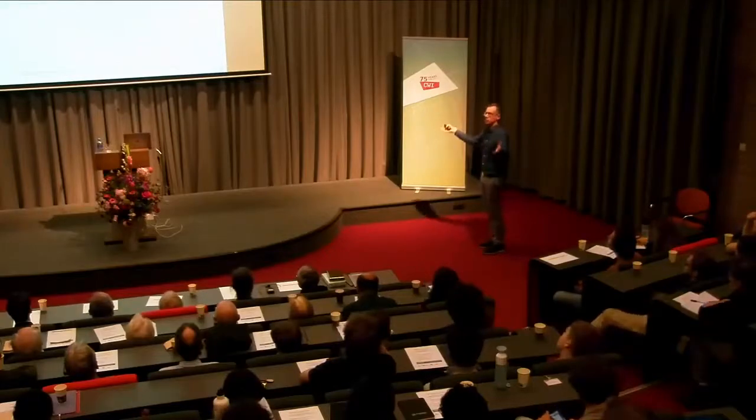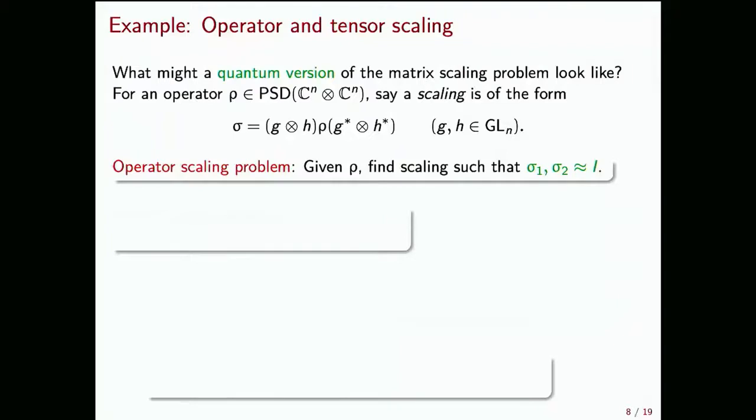Well, a matrix with non-negative entries is a probability distribution of two variables. So clearly what we want to do is look at quantum states of two variables, of two parties, Alice and Bob. A quantum state of two variables is given by a positive semidefinite operator on a tensor product. And there's a very natural way of scaling this, namely by a tensor product on the left and on the right. If you know quantum, then this will be familiar to you.